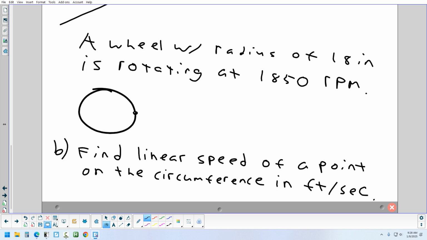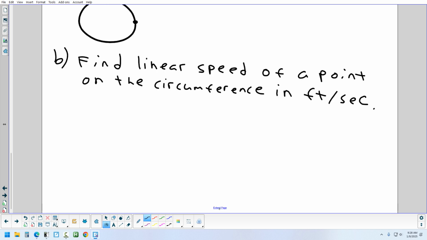All right. So what did they give us for a speed that we can use as our starting point? Yep, 1,850 RPM. So we know that this is spinning at 1,850. And we want to break that unit out into revolutions on the top, minutes on the bottom.